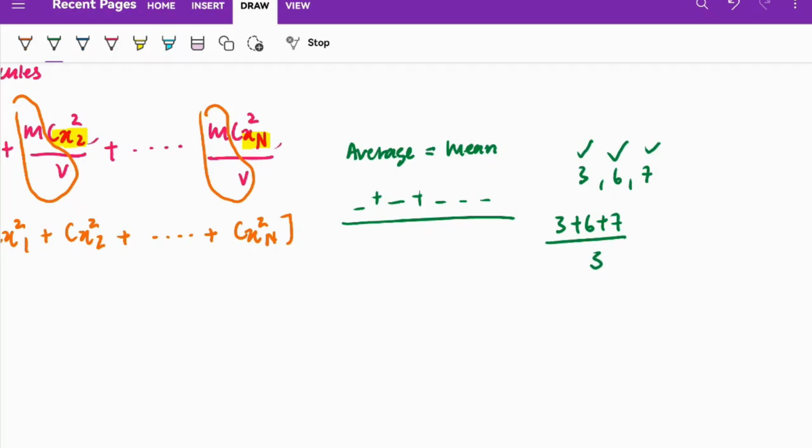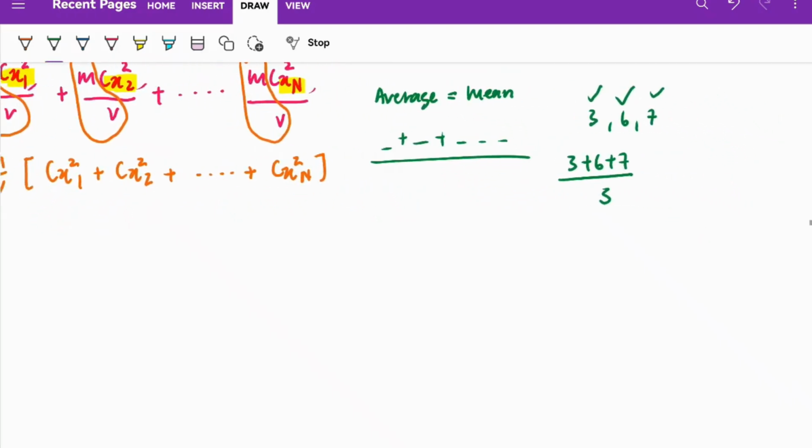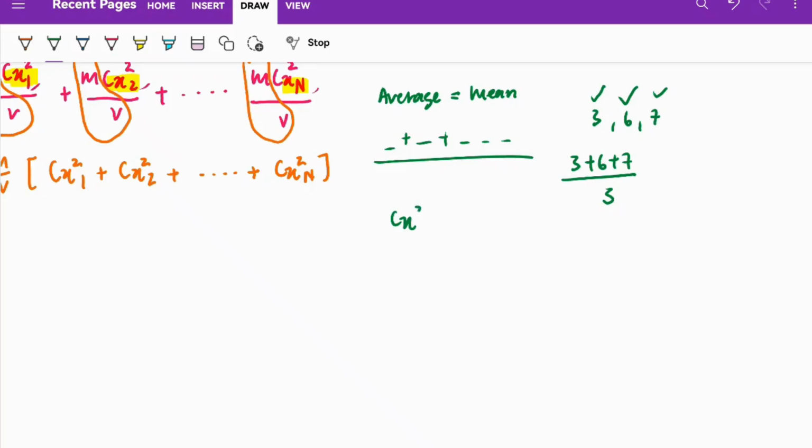Right? Same thing here. Now, imagine in terms of gas molecules. So, how do we calculate the average of the speed of gas molecules? Or in other words, the mean square speed of gas molecules. What you will do is, you have cx square 1 plus cx square 2, and so on, over n.